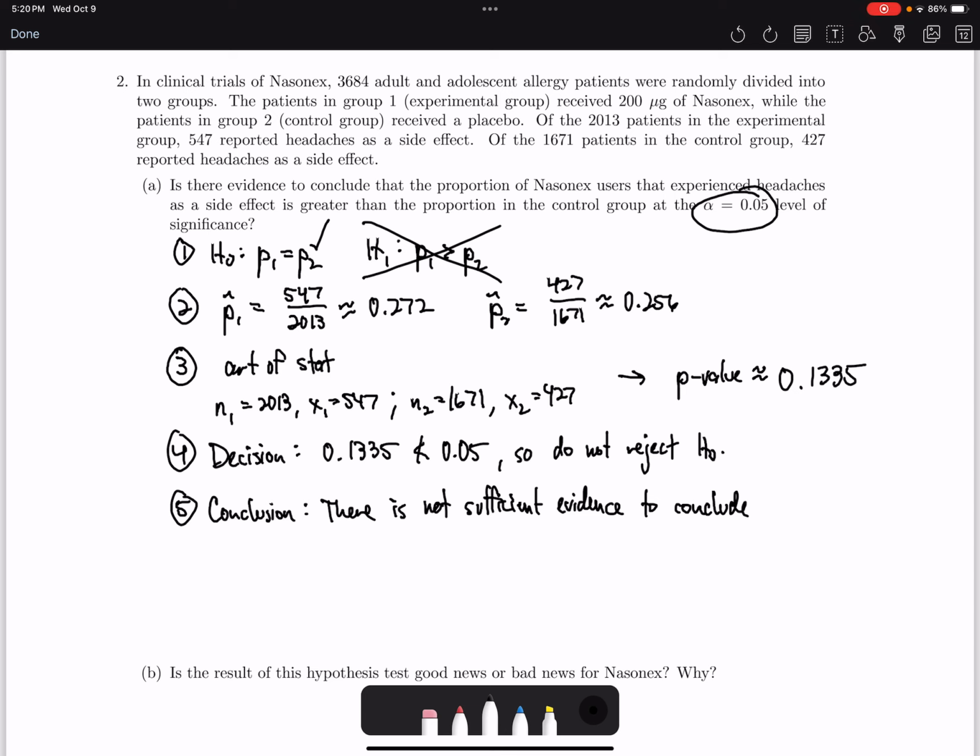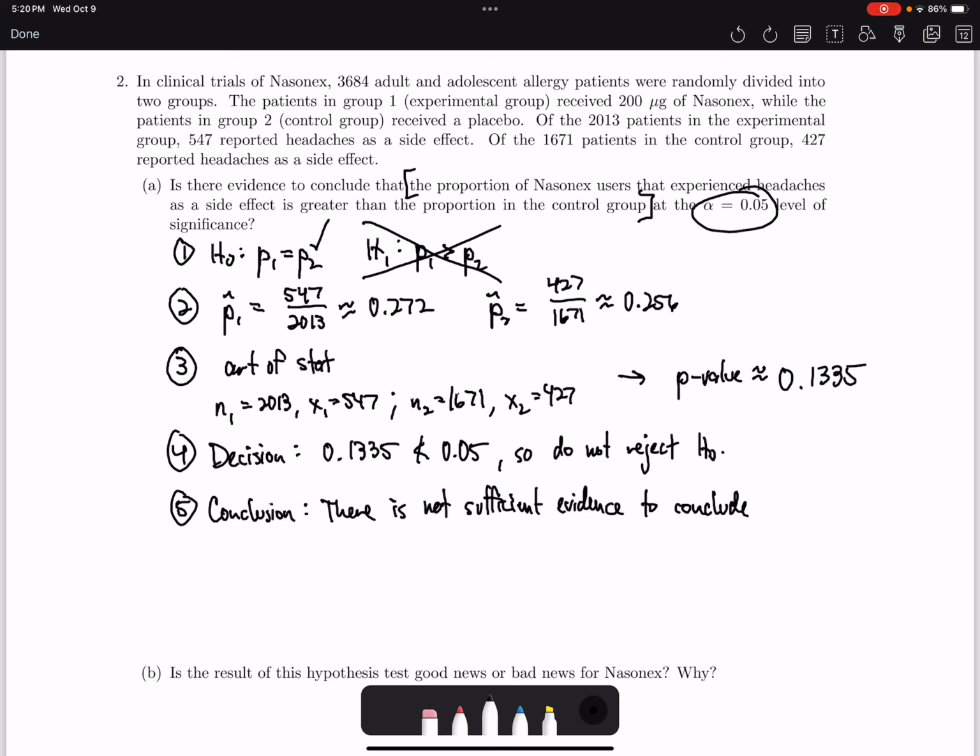And again, you can probably just copy and paste. There's not sufficient evidence to conclude that the proportion of Nasonex users who experienced headaches as a side effect is greater than the proportion in the control group, right? You could copy and paste that. Or if you can find a faster way to say it, that's fine.